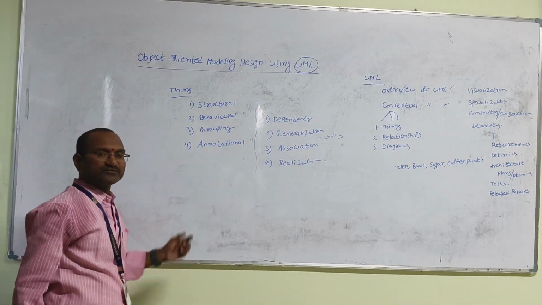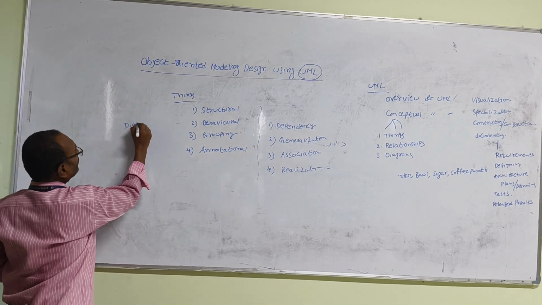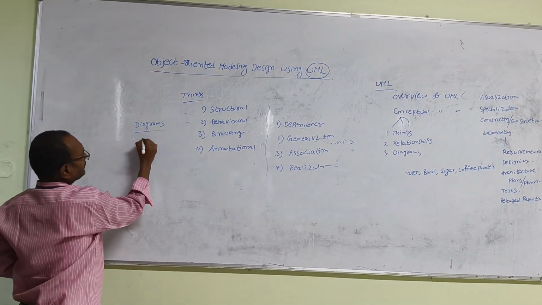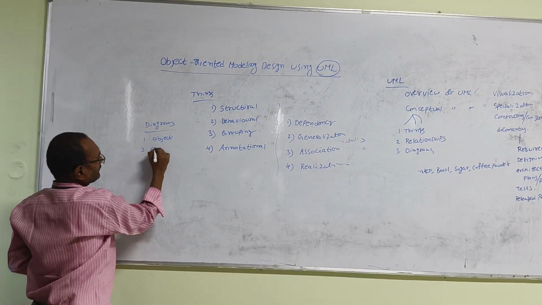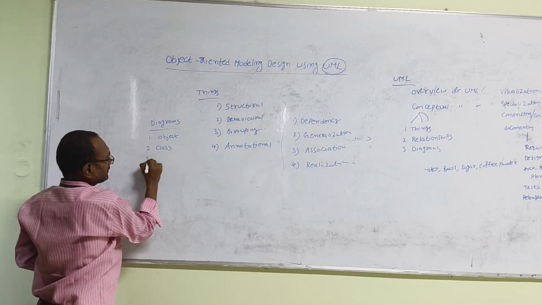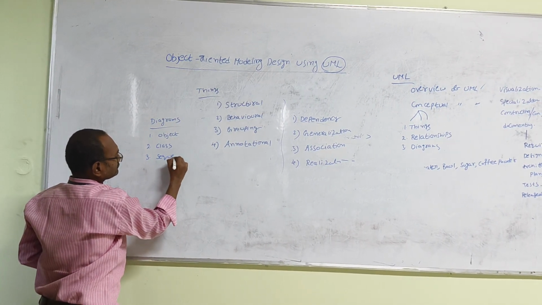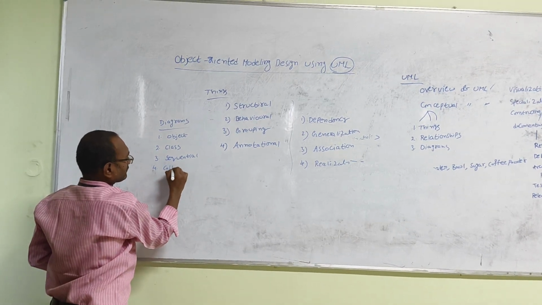At the same time, diagrams are also divided into 9 types. So the diagrams are: number 1, object. Number 2, class. Number 3, sequence diagrams. Number 4, collaboration.